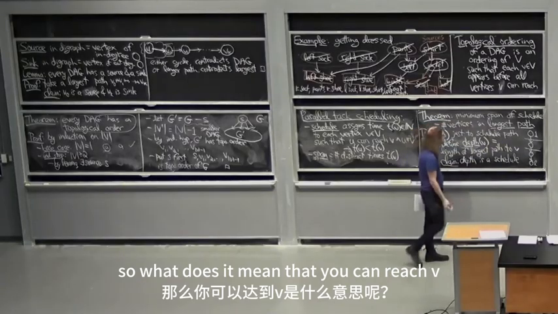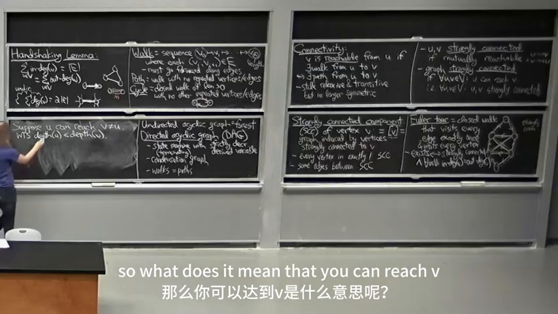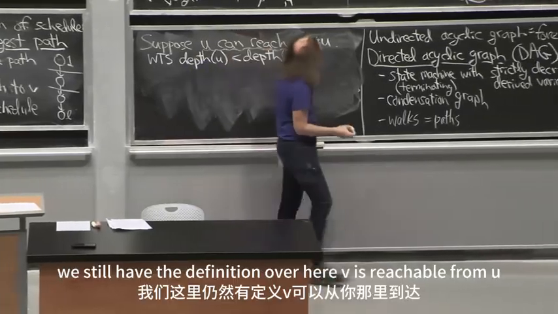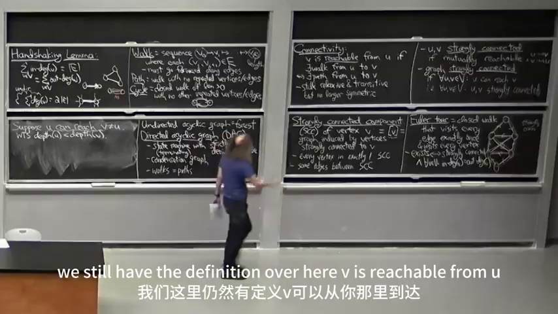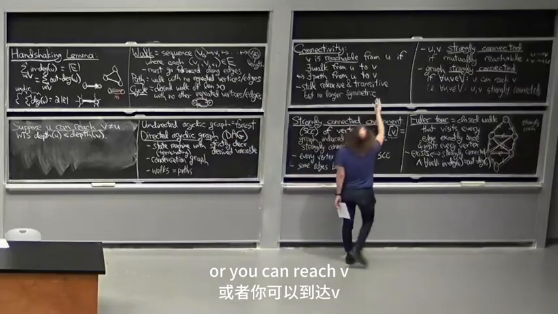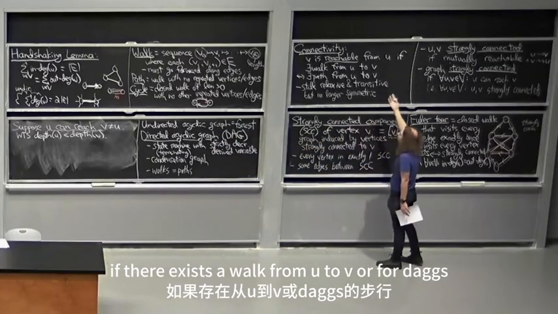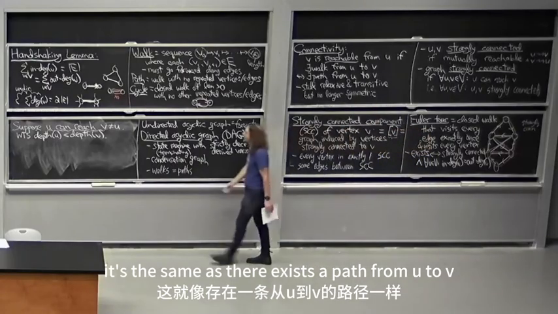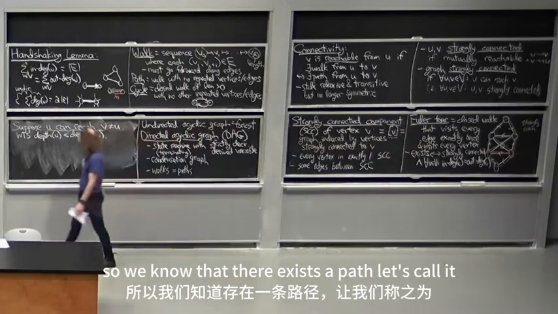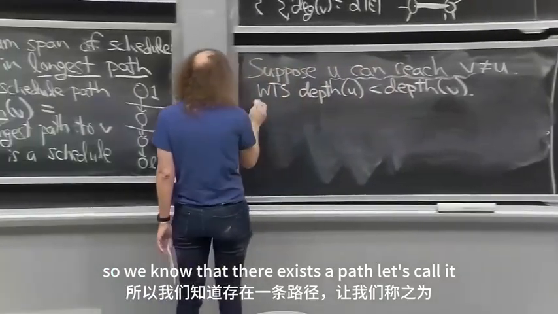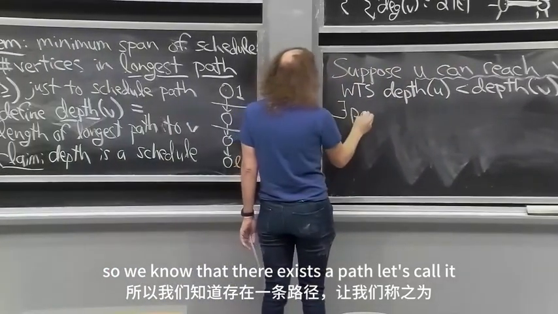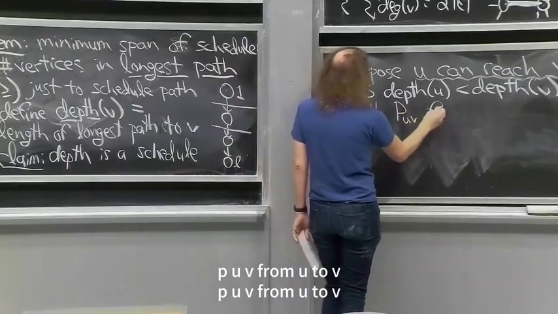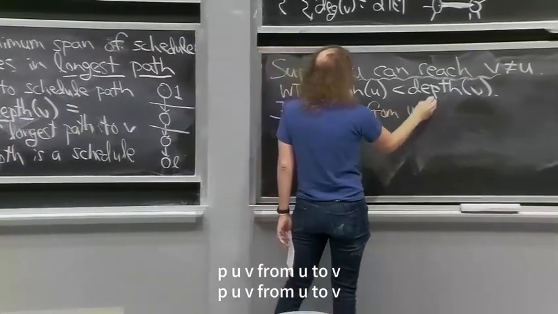So what does it mean that u can reach v? V is reachable from u, or u can reach v, if there exists a walk from u to v, or in general, it's the same as there exists a path from u to v. So we know that there exists a path, let's call it P_uv, from u to v.